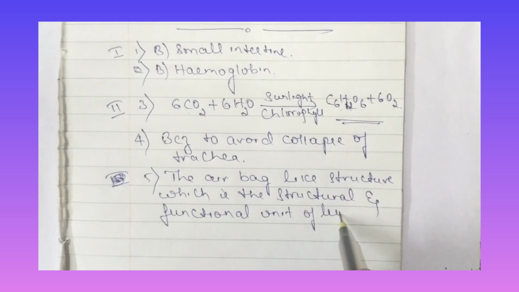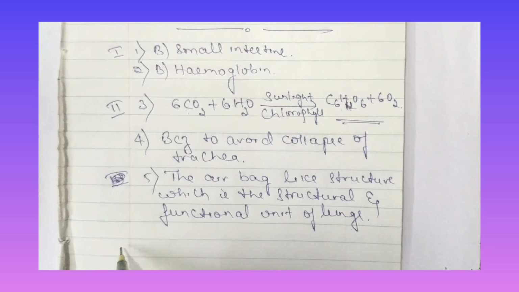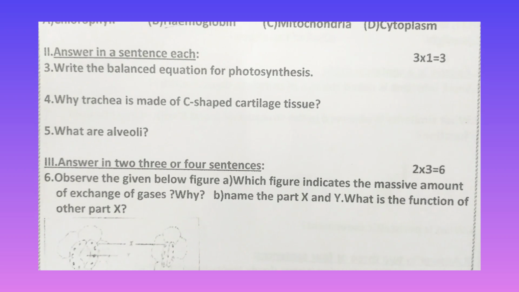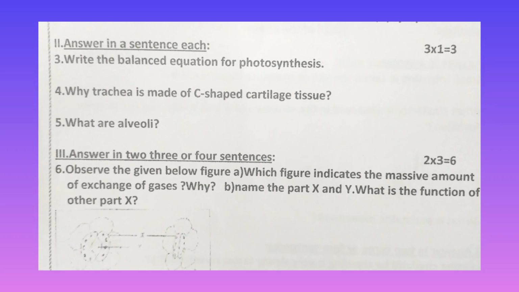The structural and functional unit of lungs, which is a bag like structure, is called alveoli. It is called the functional unit of lungs.